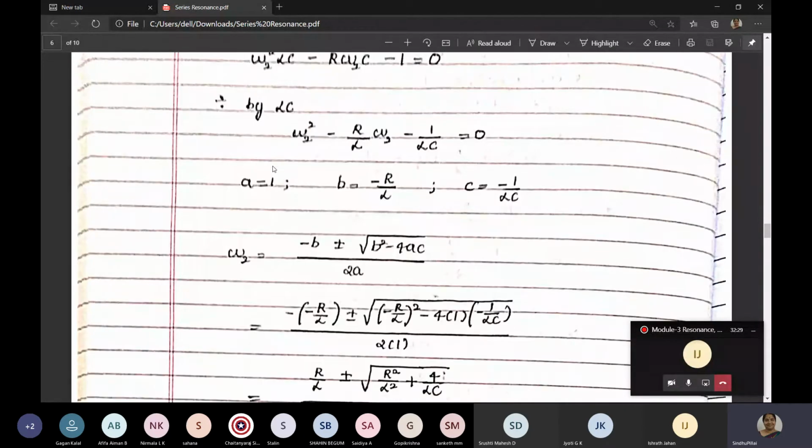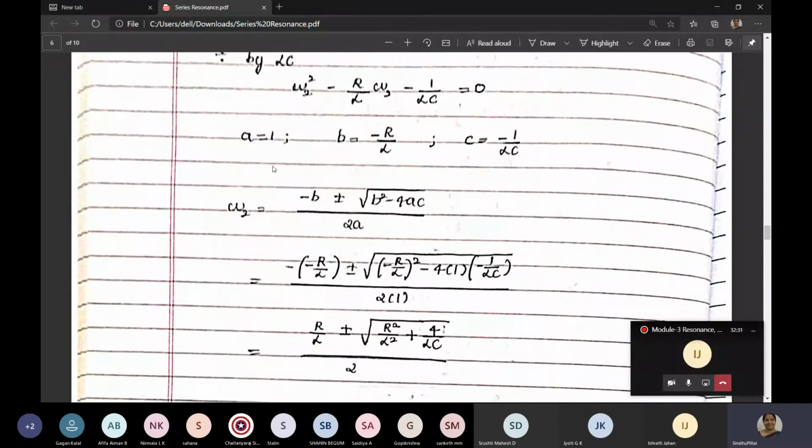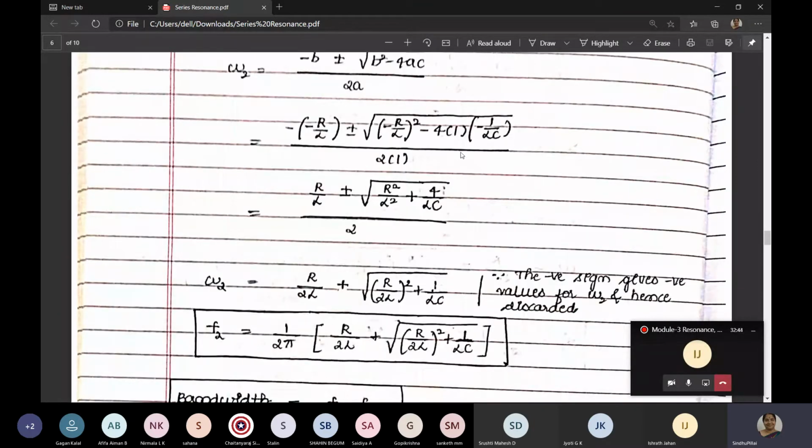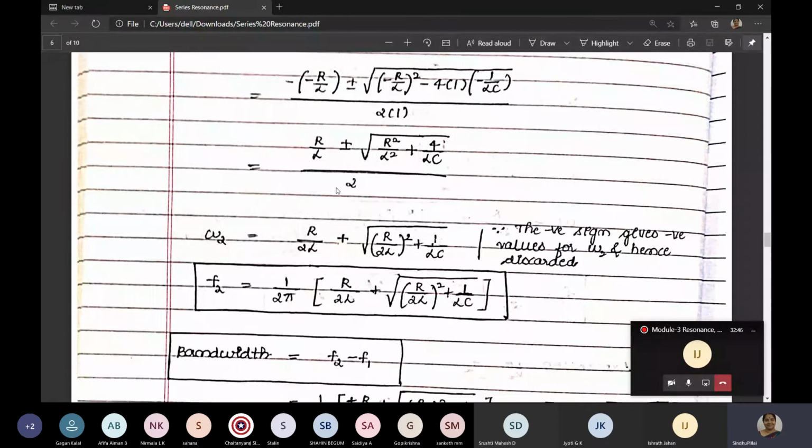Then calculate a, b and c and substitute in the formula minus b plus or minus root of b square minus 4ac by 2a. Again, the same steps should be followed.